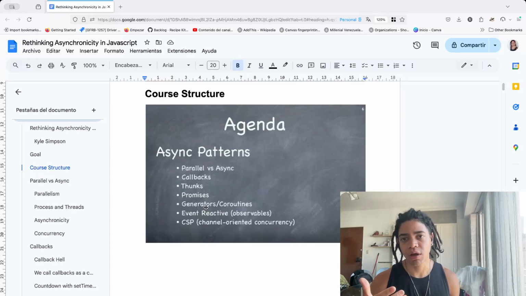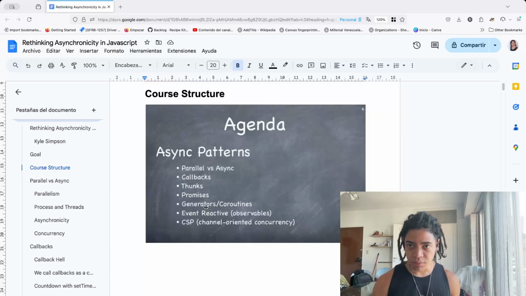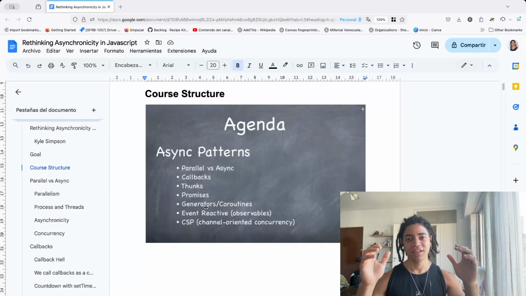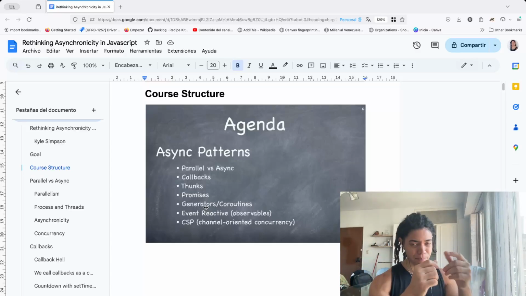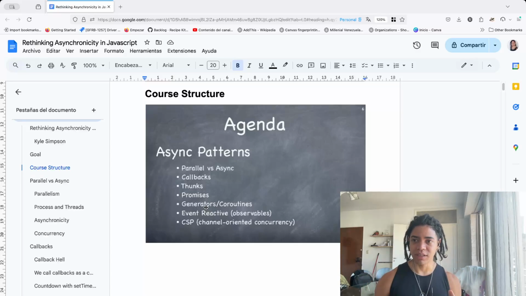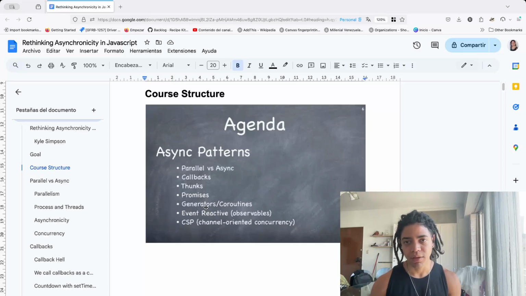So enter observables. Observables give us that ability. Think, for example, of arrays, where the array is fixed and synchronous, right? Bam, you get it. With a stream of data, which is asynchronous, you don't know when something will happen, but it will happen.